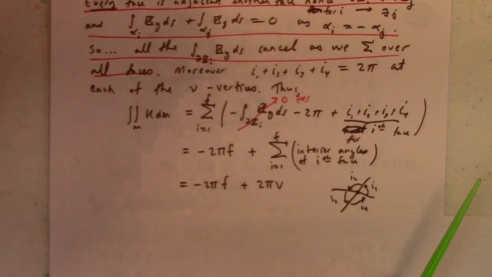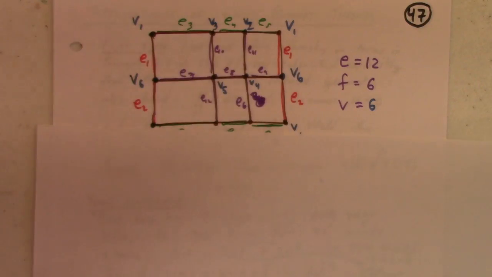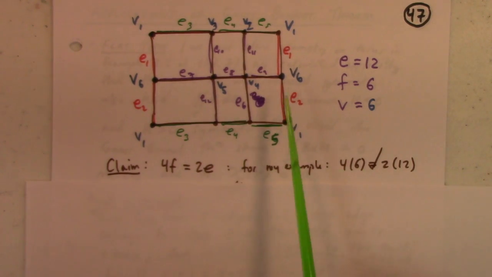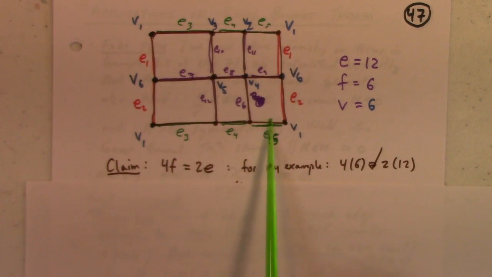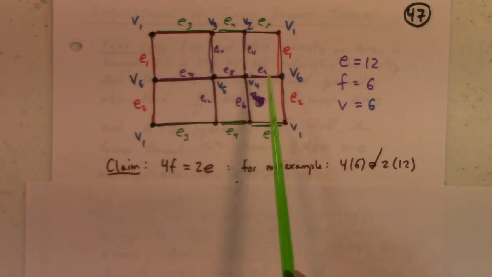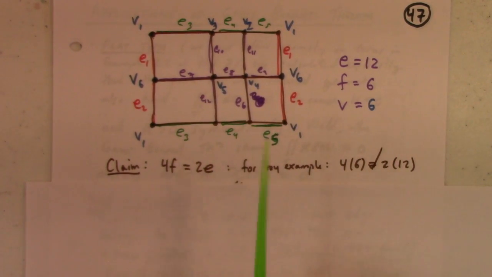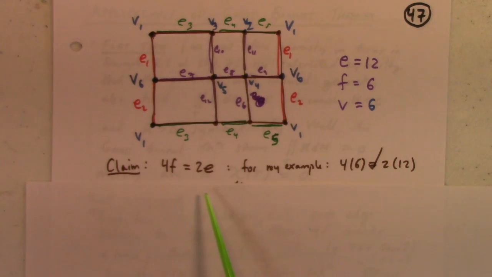Maybe if we look at the examples on the next page, it'll become clear. So here, for example, is a rectangularization of a rectangle. So the claim is that 4f is equal to 2e. That doesn't help me see why that sum of the interior angles for the ith face was 2 pi v. What's the relation between number of faces and number of vertices?